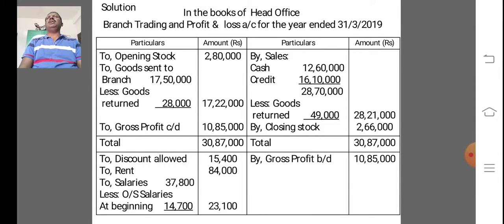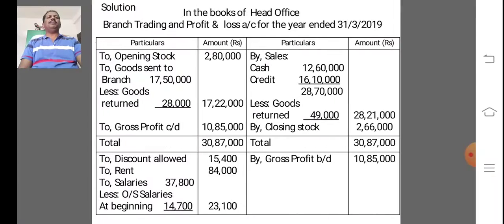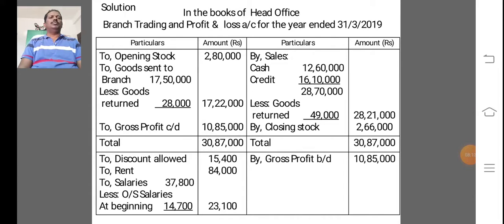Based on the above information, first we prepare the branch trading and profit and loss account for the year ended 31/3/2019 in the books of head office.